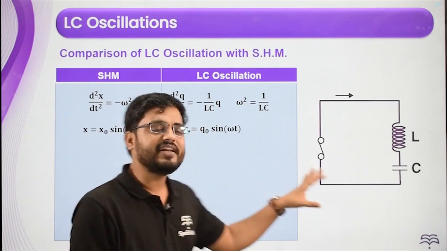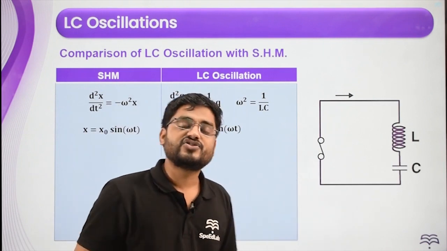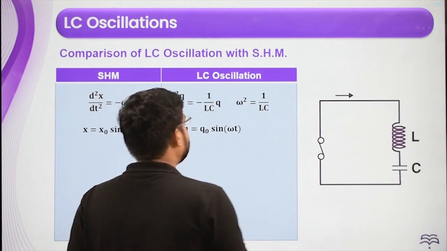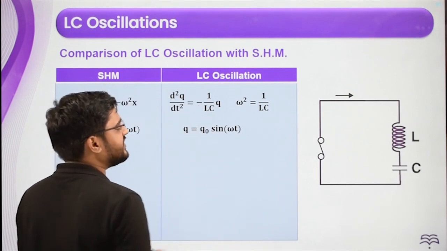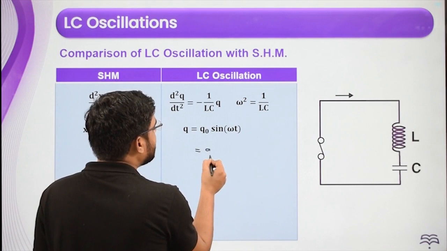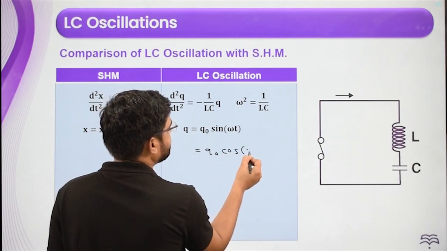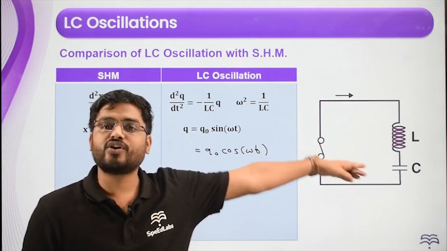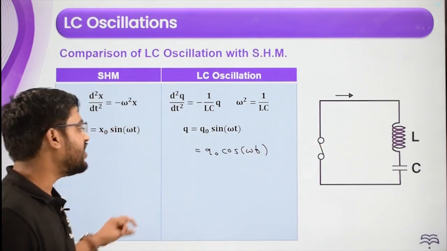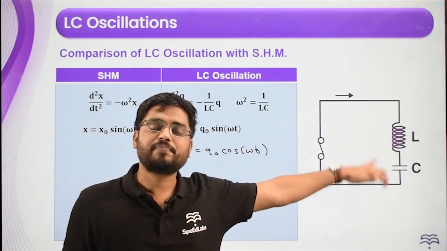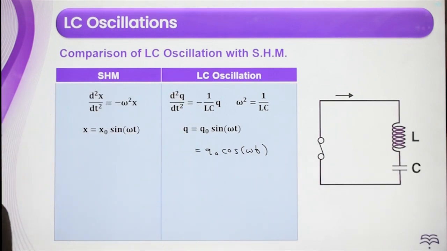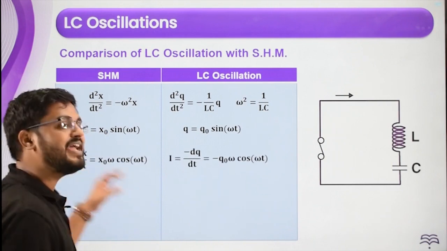In this particular case, if someone is saying that charge is maximum on the capacitor when the time is 0, then you have to use q naught cos omega t, so that at t equal to 0 you get maximum charge q naught on the capacitor. But here we are not going into that. We are just saying that charge will perform oscillation.